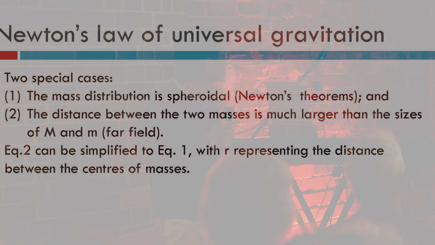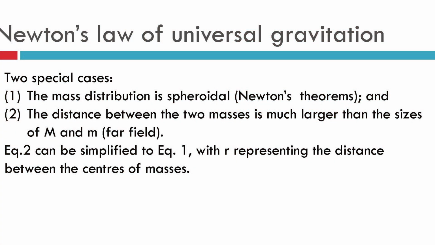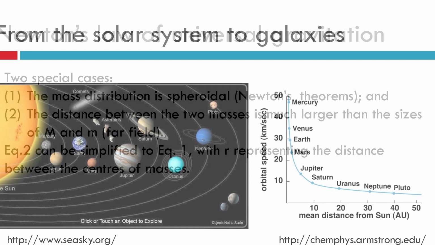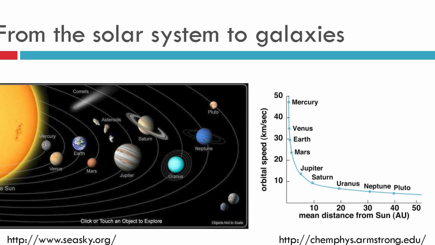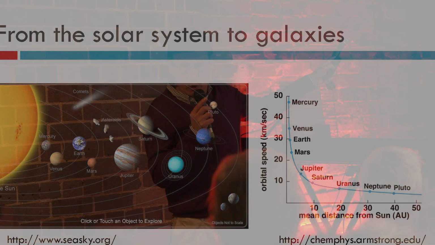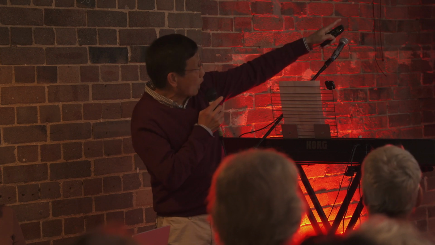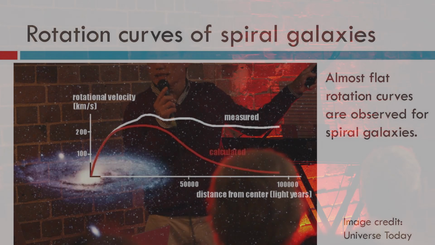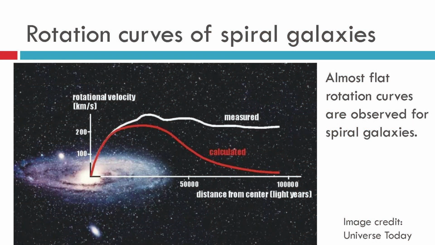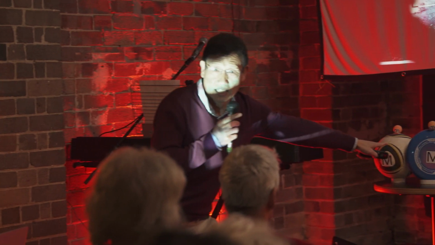If you look at the solar system, we know the sun is spherical and all the planets are spherical. In this case, you can utilize that simple formula. Otherwise, if we go from the solar system to a galaxy, you're basically dealing with this kind of situation.